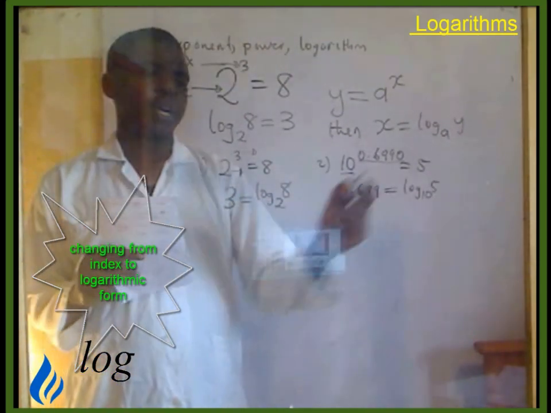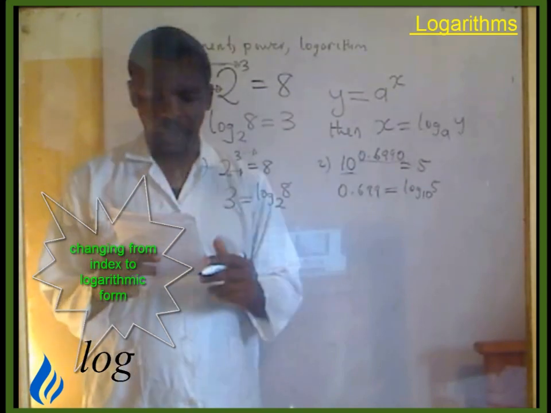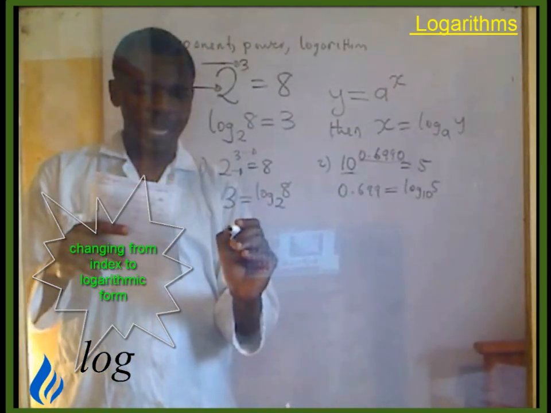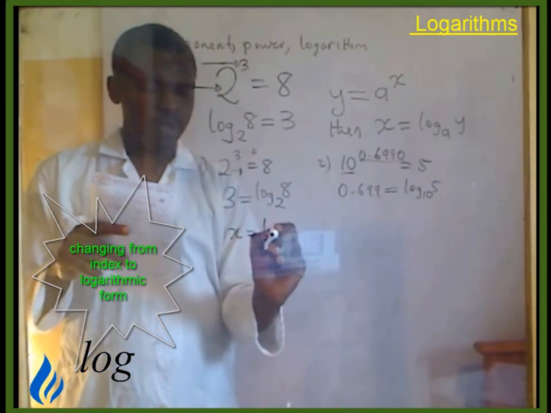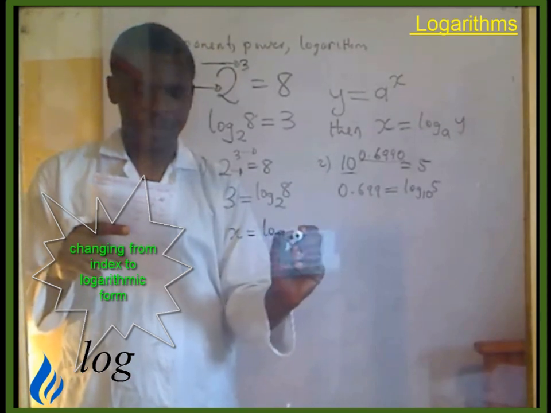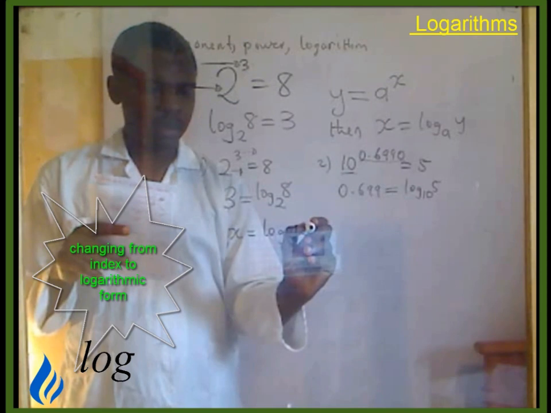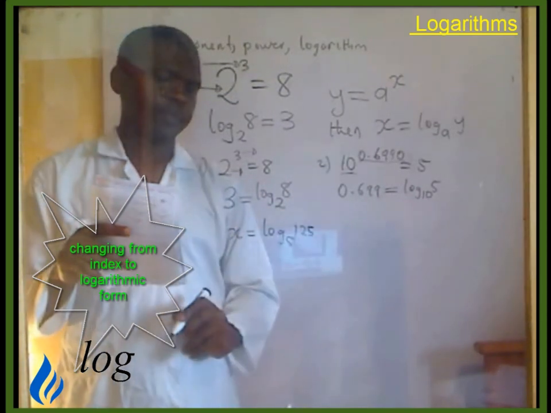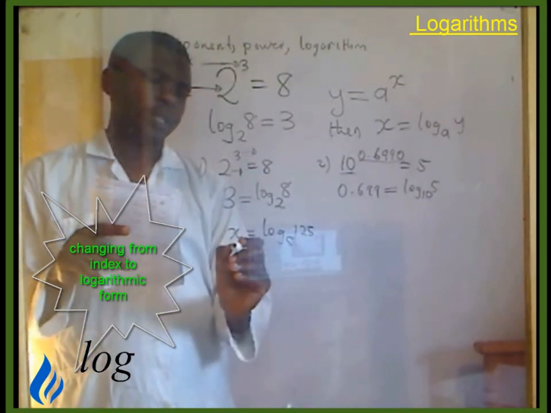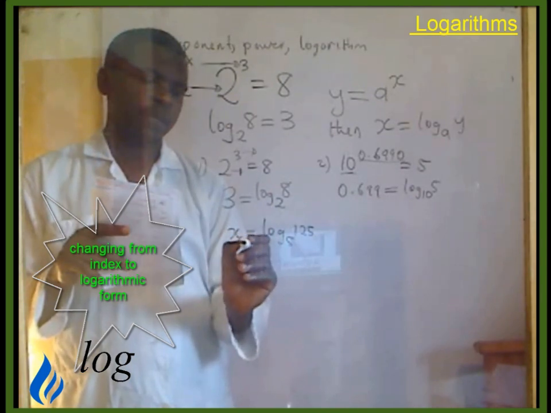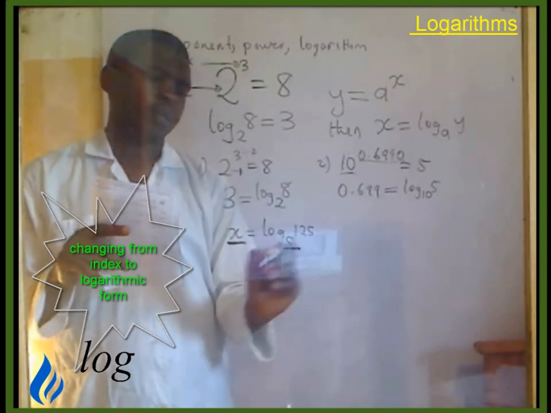So let's do the reverse. Let's change from logarithmic form to index form. If we are given x is equal to log to the base 5 of 125, this is our logarithm here, and this is our base.